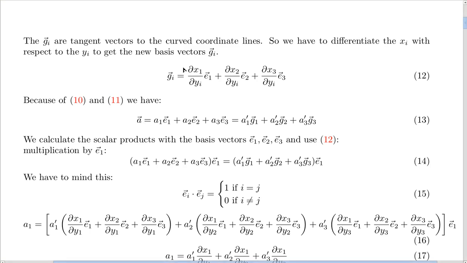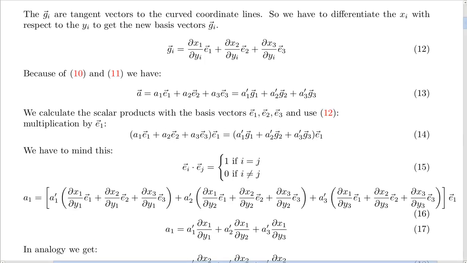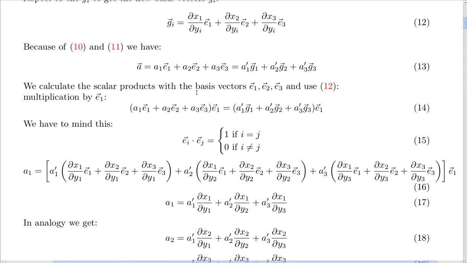And so we have to differentiate the x components with respect to the y components in the curved system to get the new basis vectors gi. That means the three x coordinates must be differentiated with respect to y. If we calculate g1, then we have to write here y1 and so on.